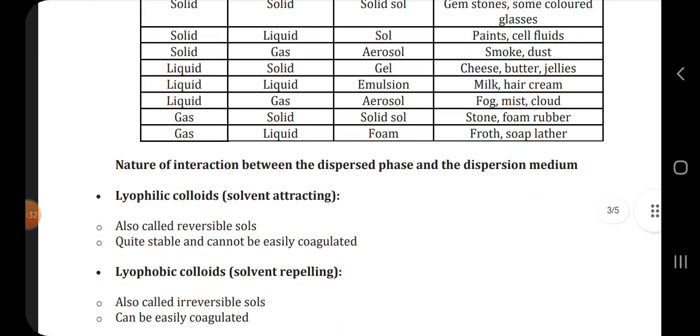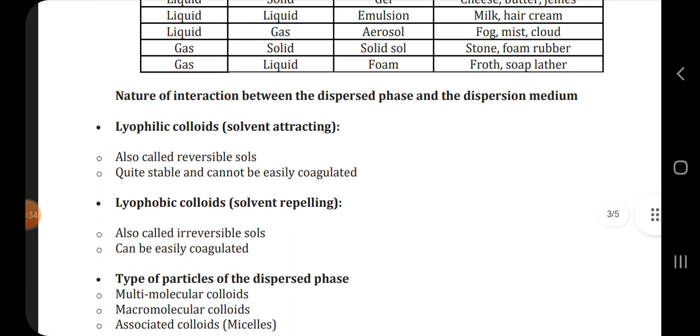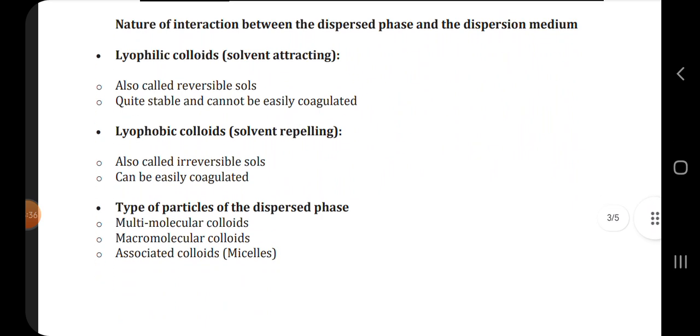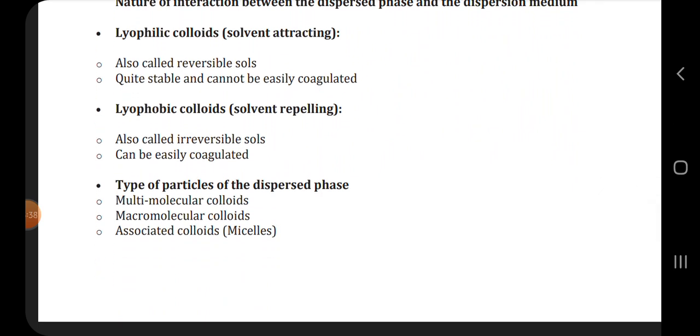Based on the nature of interaction between the dispersed phase and dispersion medium: lyophilic colloids, that is solvent attracting, also called reversible sols, quite stable and cannot be easily coagulated. Then lyophobic colloids, solvent repelling, also called irreversible sols, and can be easily coagulated.